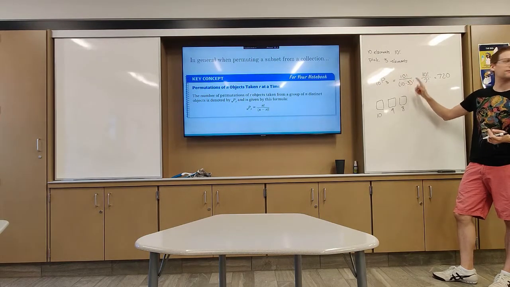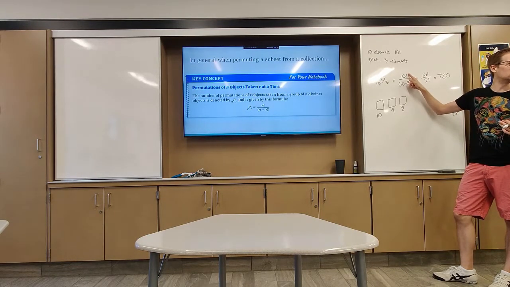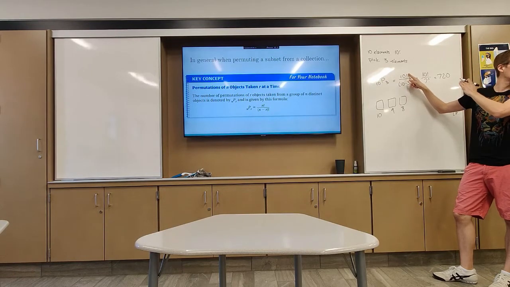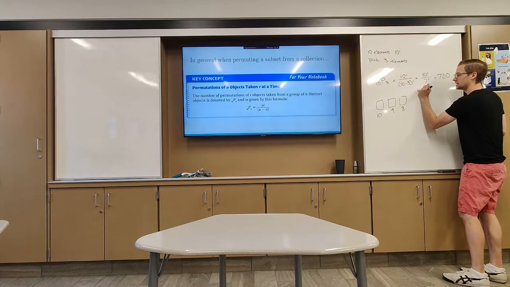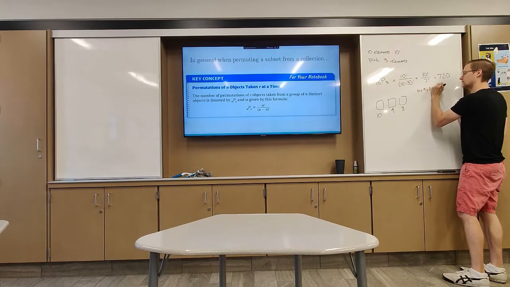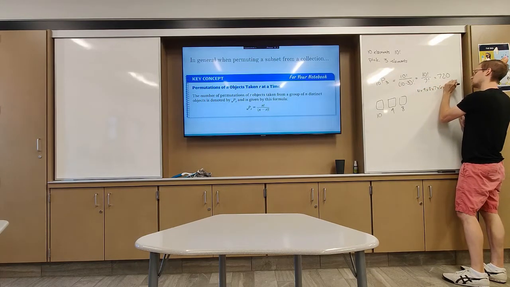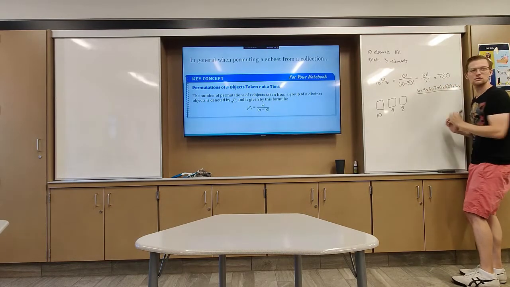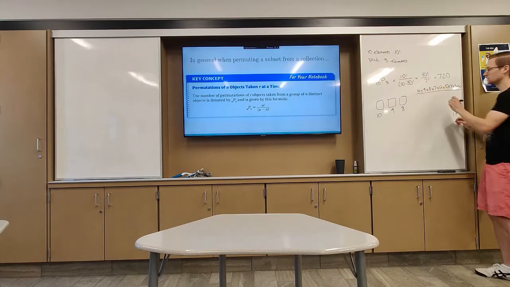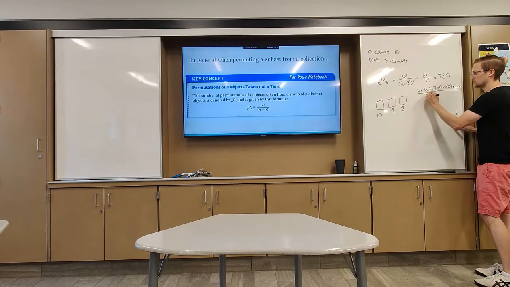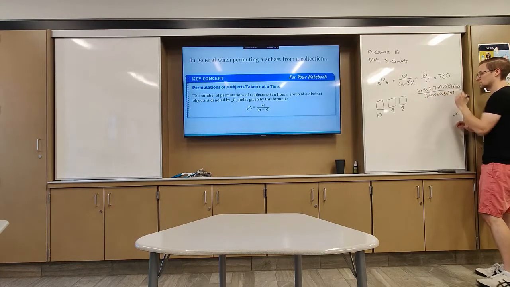What is 10 factorial? If I write it out, 10 times 9 times 8 times 7 times 6 times 5 times 4 times 3 times 2 times 1. That's 10 factorial. What is 7 factorial? 7 times 6 times 5 times 4 times 3 times 2 times 1.